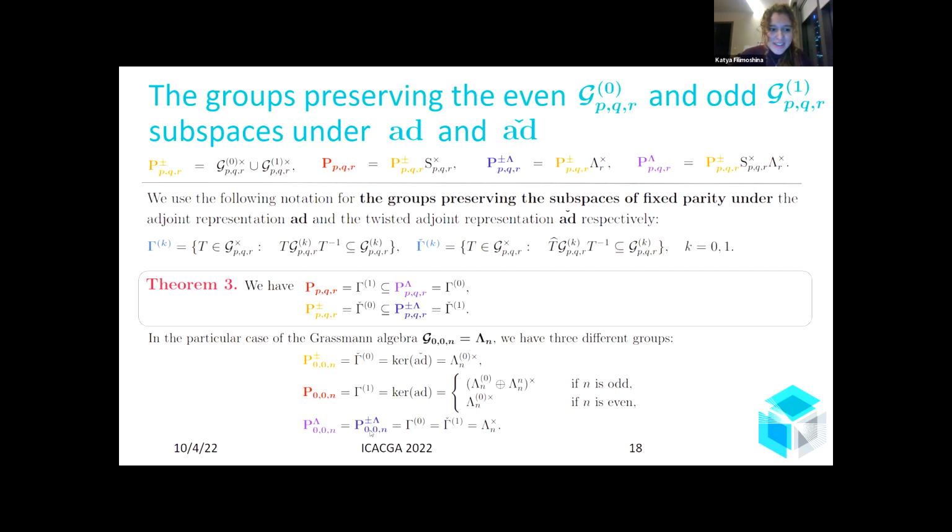It is interesting that gamma 0, that is the group of all invertible elements preserving the even subspace under the adjoint representation, coincides with the group gamma 1 with the check mark, which is the group of all invertible elements preserving the odd subspace under the twisted adjoint representation.